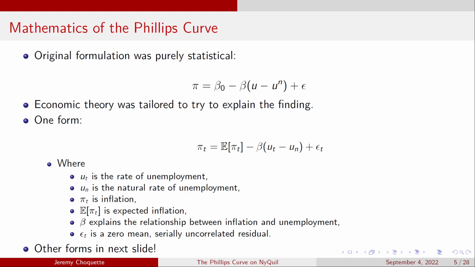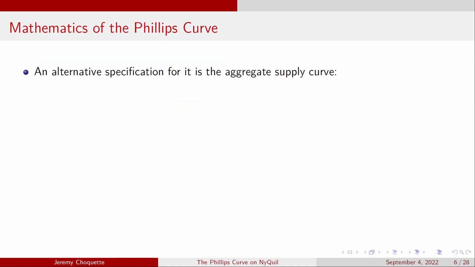Now, there are other forms that are perhaps a bit more intuitive than what we see here. Because if unemployment is really giving us an idea about the health of labor markets, it's telling us about employment, is it not? And employment is labor, and labor is an input for a production function, and production is increasing in labor.